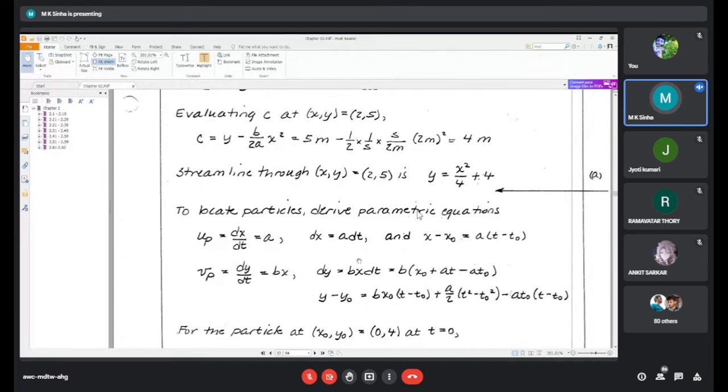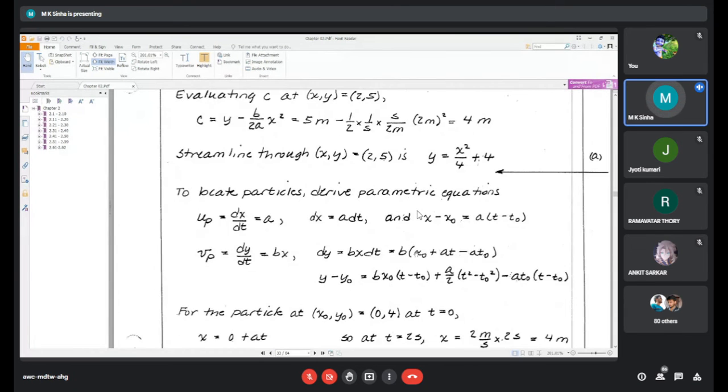That's all. Similarly, y is mentioned here: y minus y0 equals b times (t minus t0) plus a y t squared minus a t.